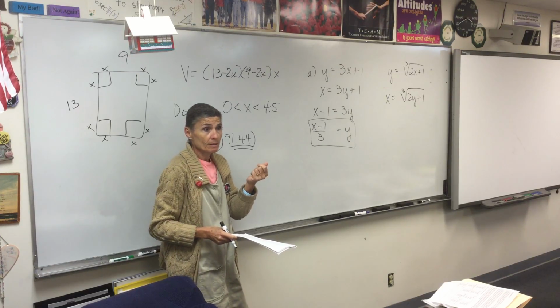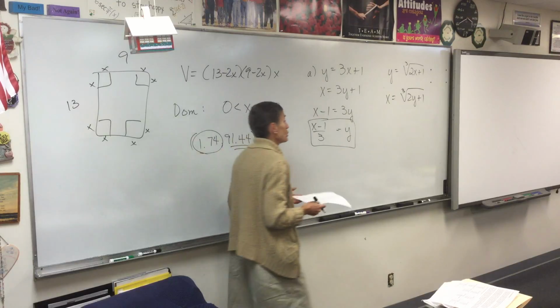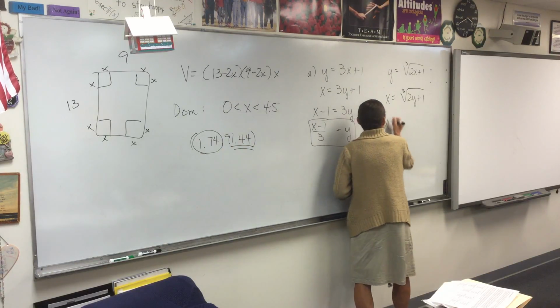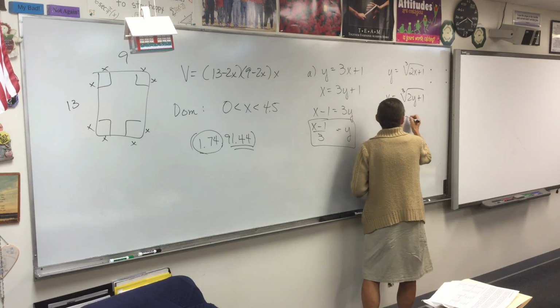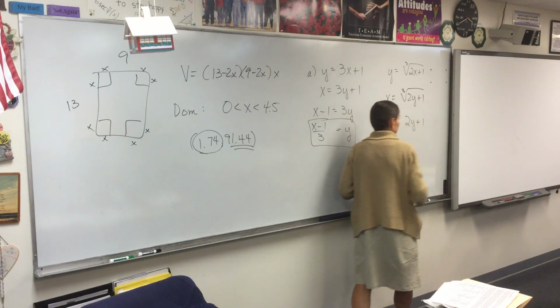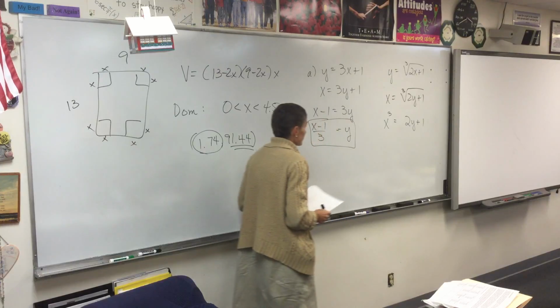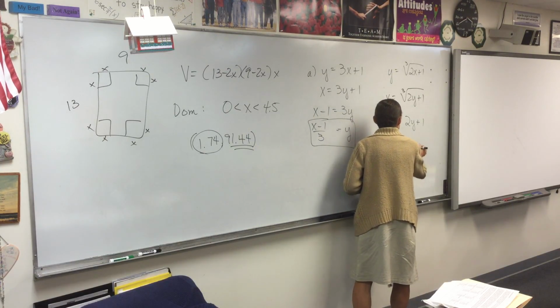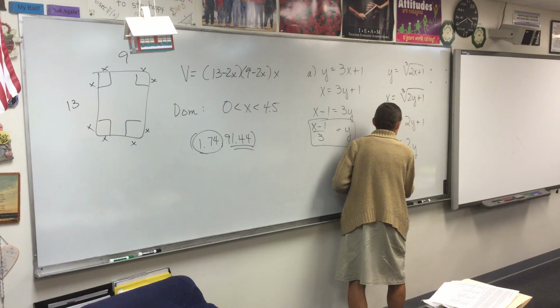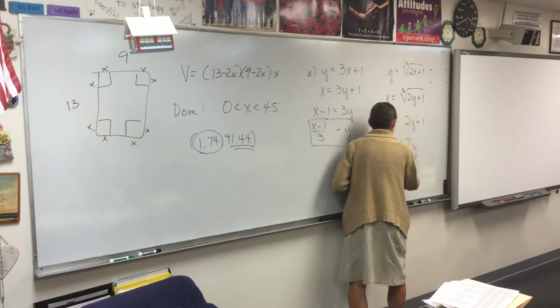So we got to get it out of there. So we'll cube both sides. And what happens when I cube a cube root? Disappears. And now I can solve for y. So x cubed minus 1 over 2. There's your inverse.